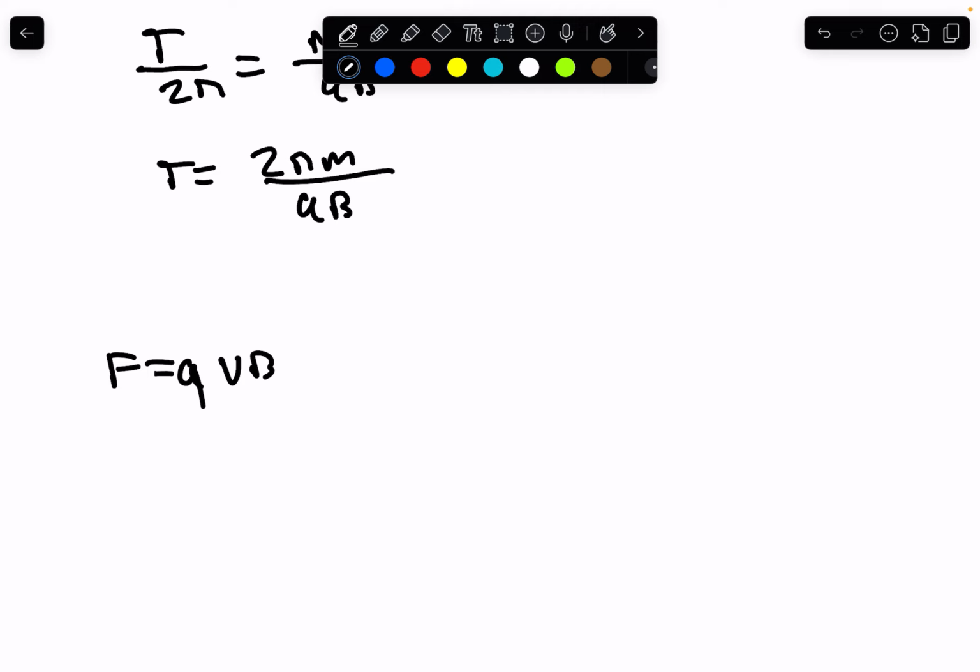So the first answer says positive and into the page, and you want the charge to be positive and moving to the left and into the page. Will that be incorrect? Yes. Positive out of the page will also be incorrect. Negative, it's going to be negative and into the page.